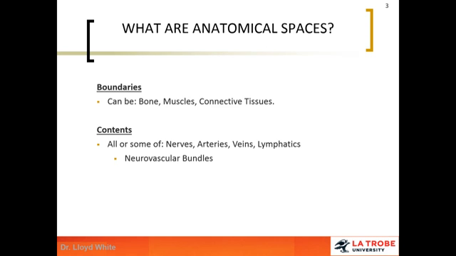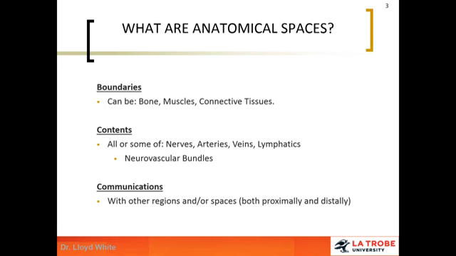Anatomical spaces will pretty much always contain neurovascular structures, often a neurovascular bundle, so a bundle of nerve, artery, vein and lymphatics all running together, or any combination of the above. And they communicate with regions or other anatomical spaces proximally and distally.